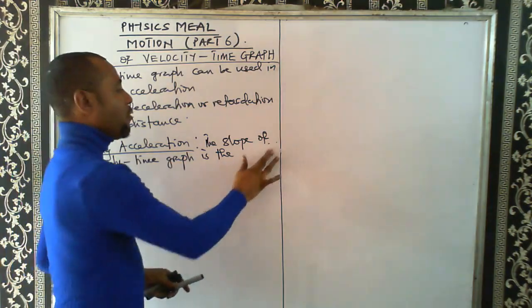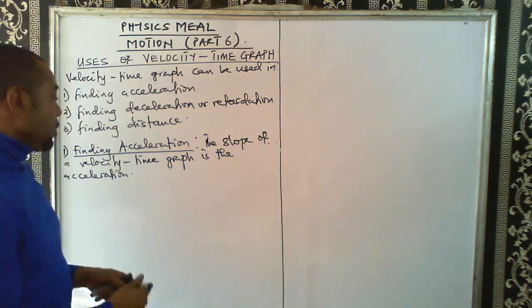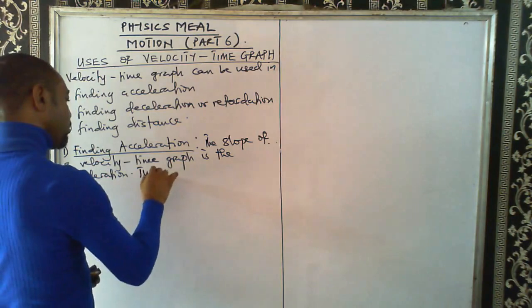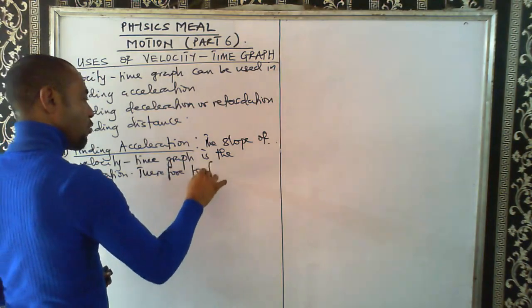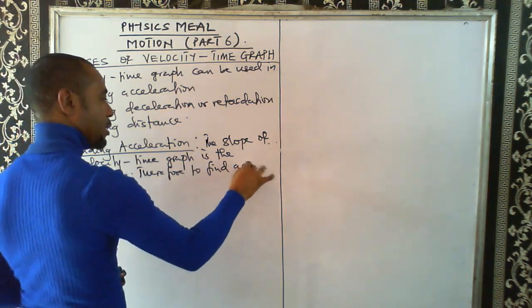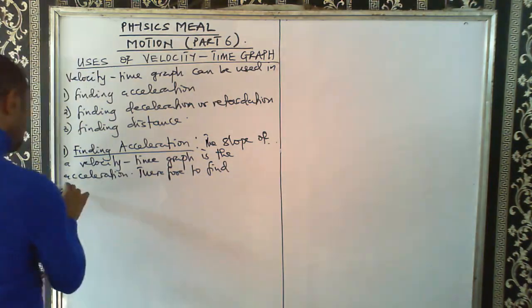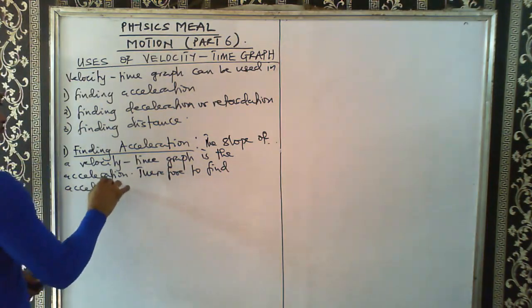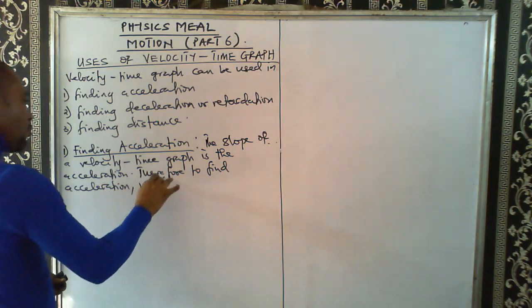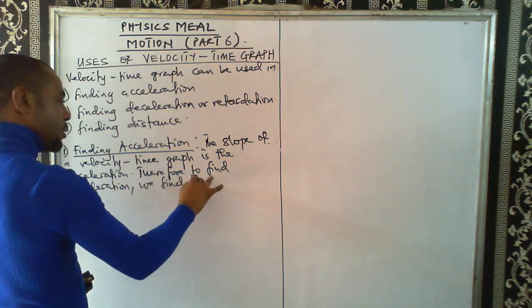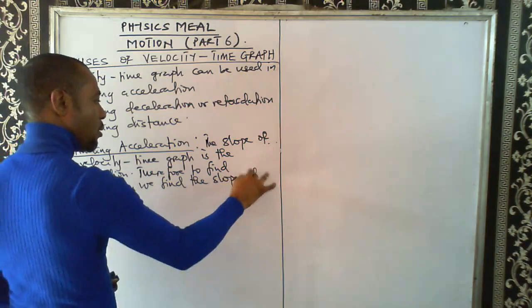So the slope of a velocity time graph is the acceleration. Thus, therefore, to find acceleration, we'll find the slope of the graph.